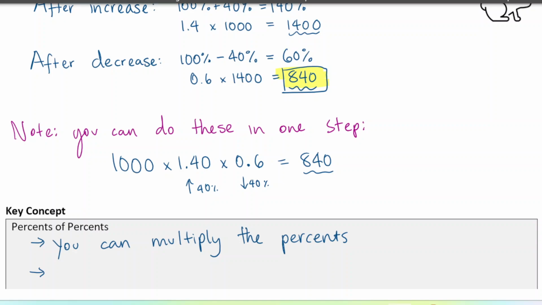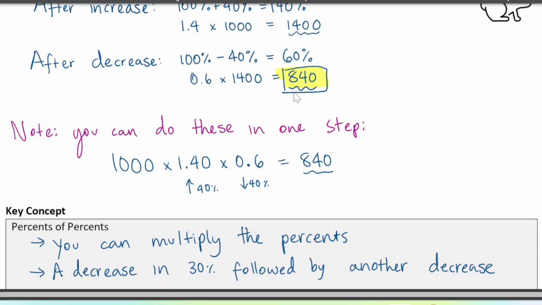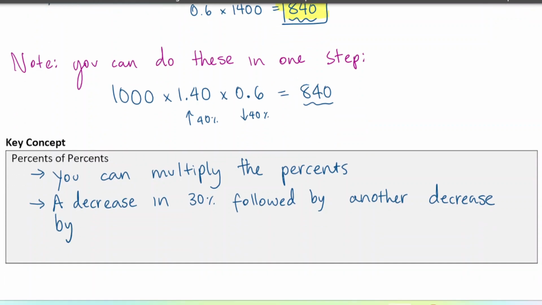And the other key concept I want you to understand is that a decrease of, for example, 30%, followed by another decrease of 30% is not equal to a decrease of 60%, like we saw in the snowboard question.